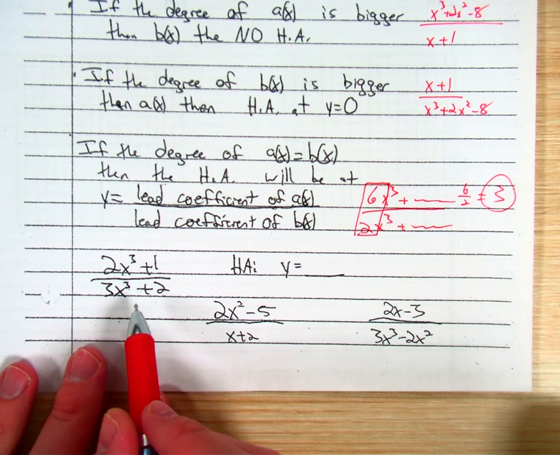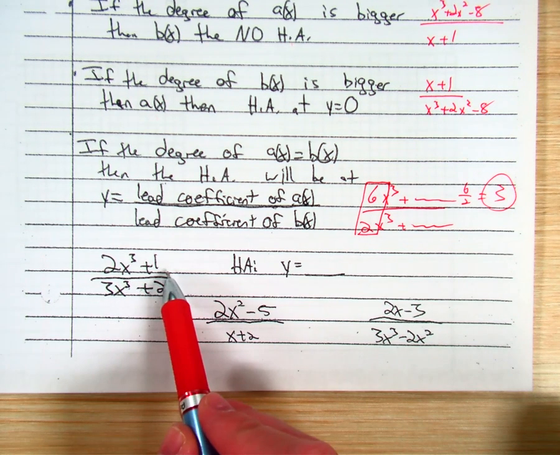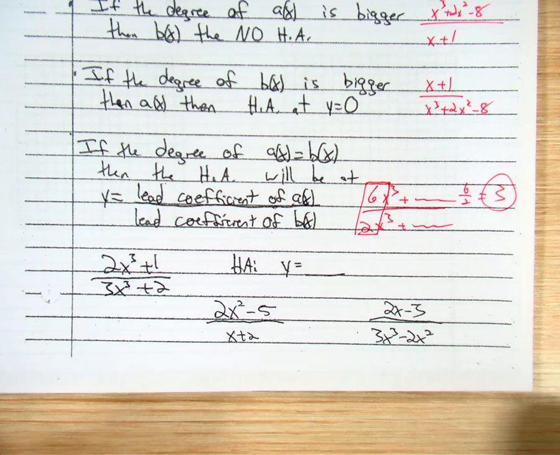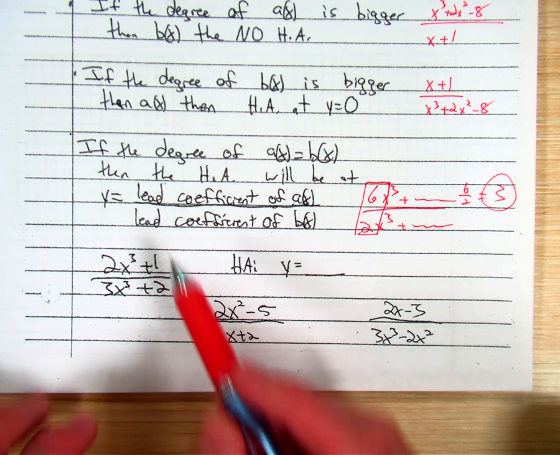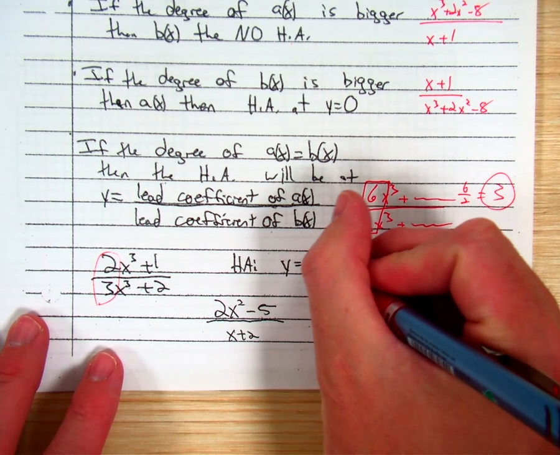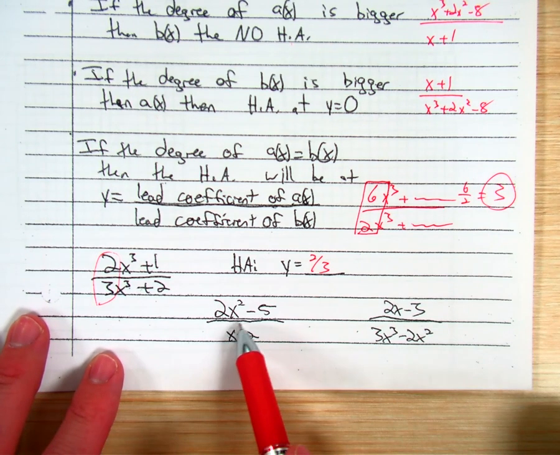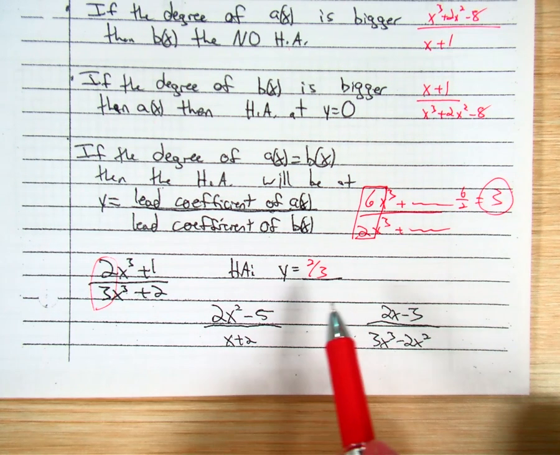What about over here? We got 3 examples here. 2x to the third plus 1 over 3x to the third plus 2. We have a tie, so we divide 2/3. 2x squared on top, x to the first on the bottom.